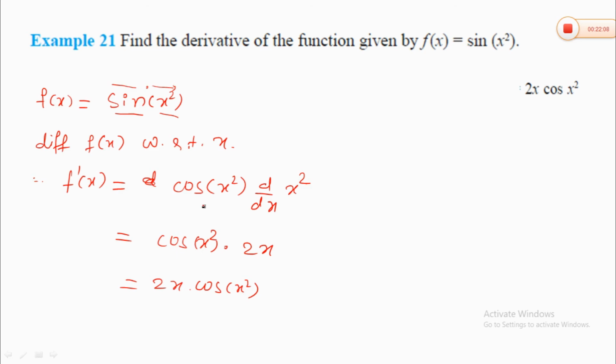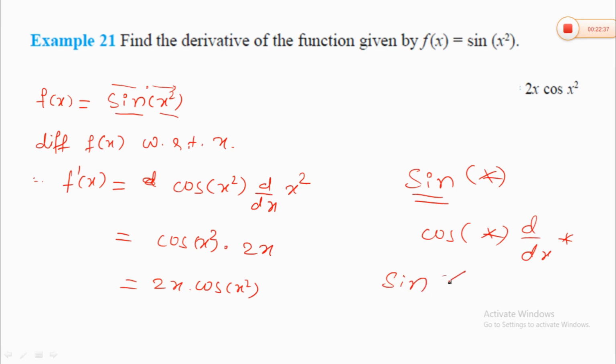So simple one. Observe here, sine, derivative of sine is cos, write whatever is inside this one, then the derivative of this one. So if this is a star, dy dx of star, keep this star as it is. Similarly, sine of triangle.